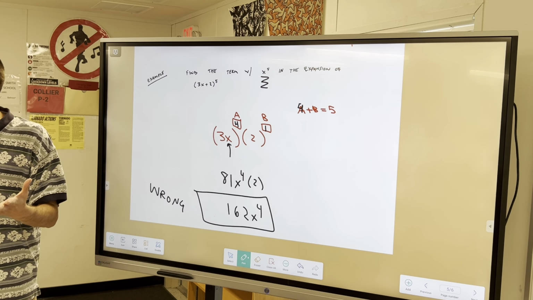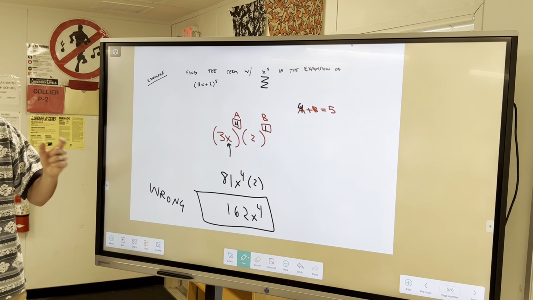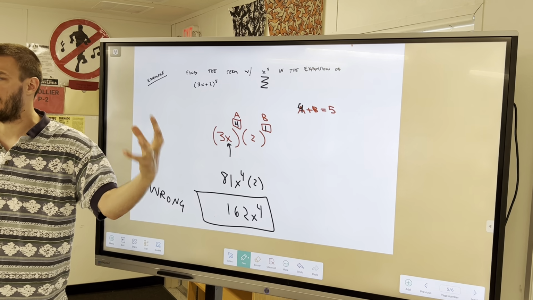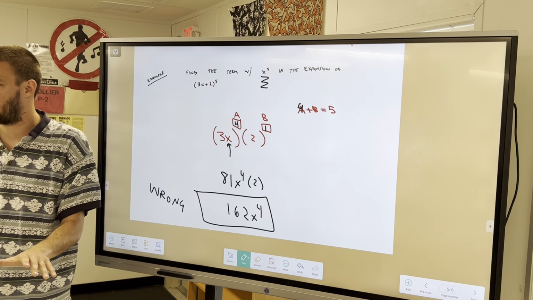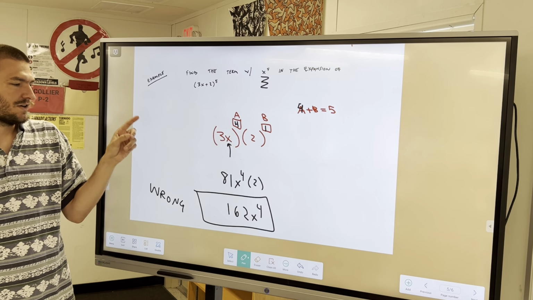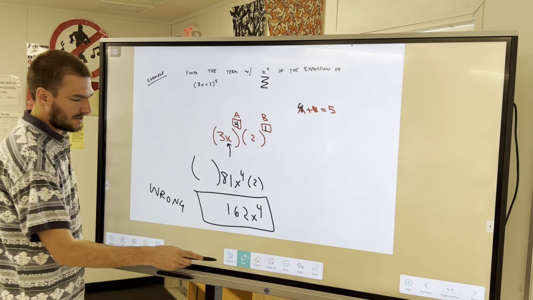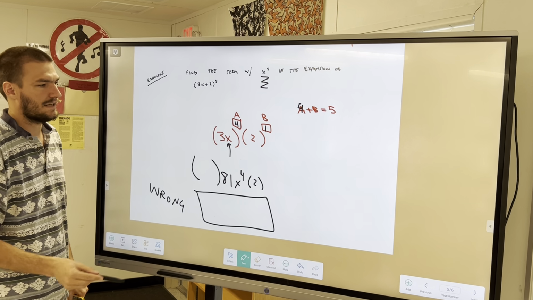What have we messed up? The coefficient, right? We have successfully taken our 2 pieces and the right amount of both, but there's always that coefficient that comes standard. And so we have to figure out what coefficient should be going here, because 162 is only part of what we need.